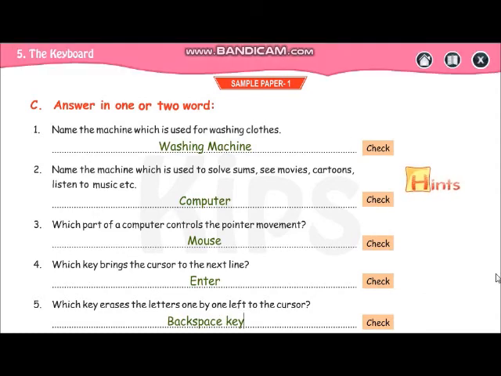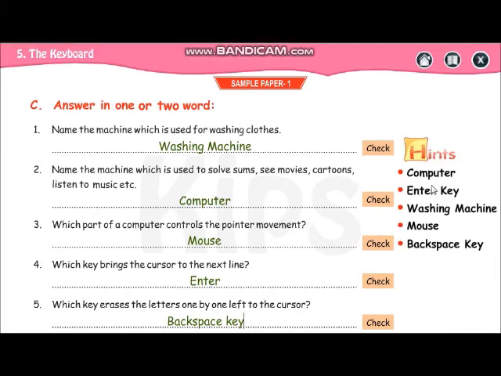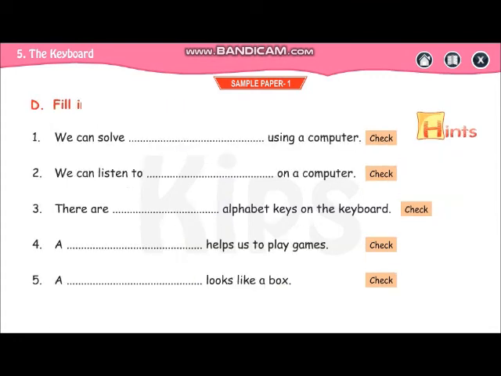So write down the answers. Here also hints are given there. See, backspace key, mouse, washing machine, enter key. So we will write enter key. Okay. So write down the answers.